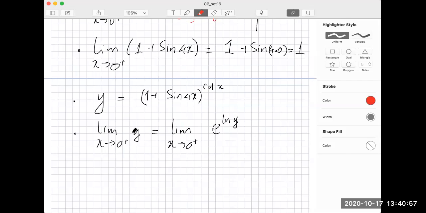Here, we use the logarithmic rule. E to the natural log of y will be y, right? Just a different way to write it. So are you okay with this? Yes. Very good.